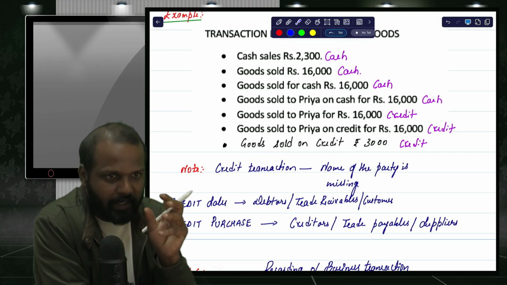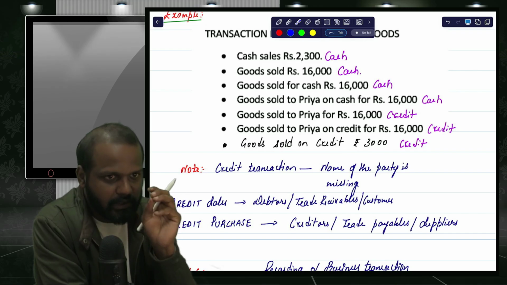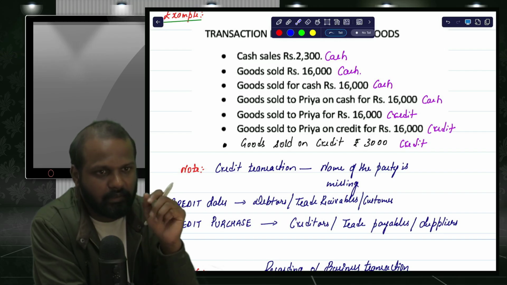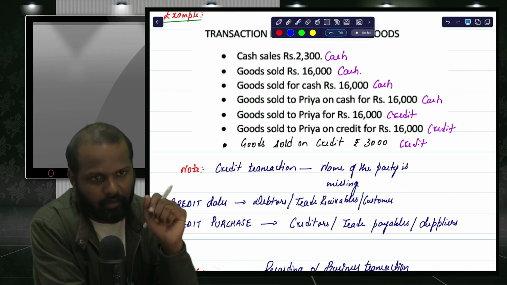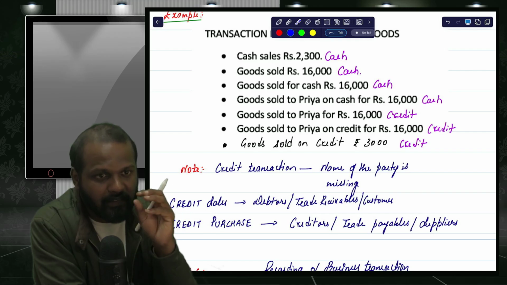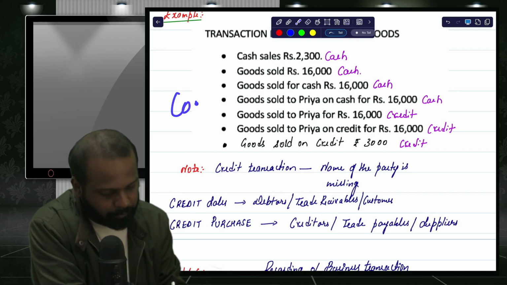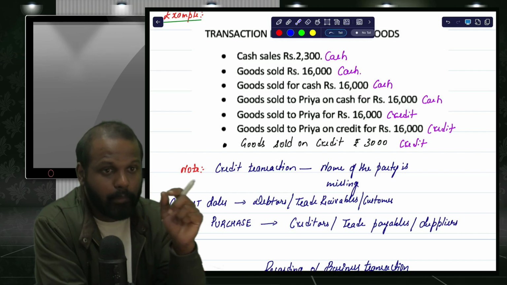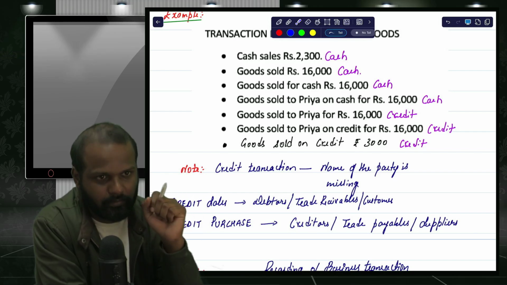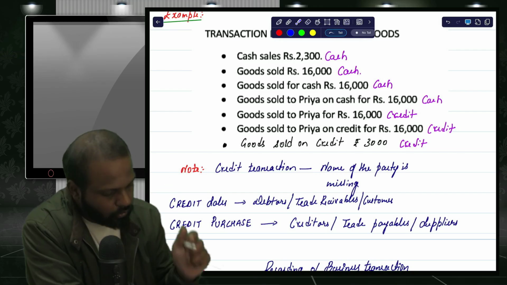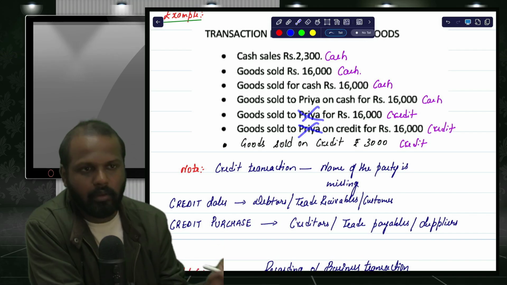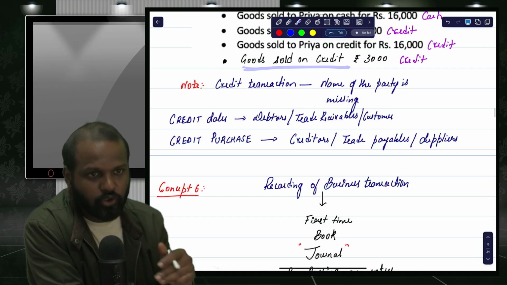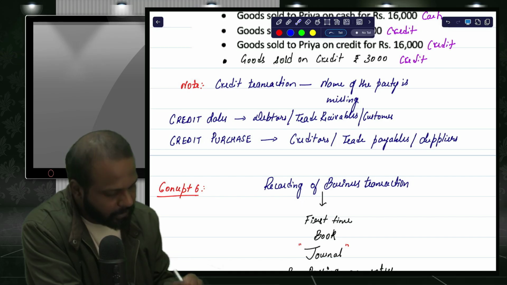So whenever there is a credit transaction and you don't know the name of the party, if it is missing in the question, then you should use some common names, some general names, to record that credit transaction. If you don't know the name, Priya, in this particular transaction, then instead of Priya, you can use the name debtor.